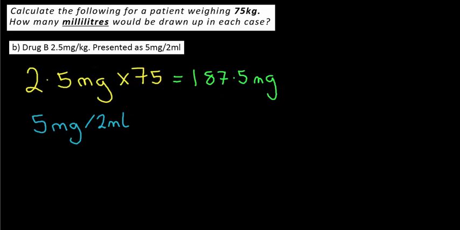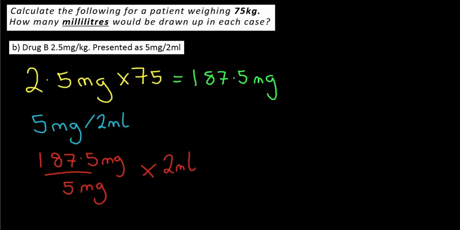So we're now in a position to apply our formula, what you want, which is 187.5 milligrams, over what you've got in stock, which is 5 milligrams, times what it's in, which is in this case times 2 millilitres. Again, we notice that we're lucky and that the units on both top and bottom of our fraction are the same.